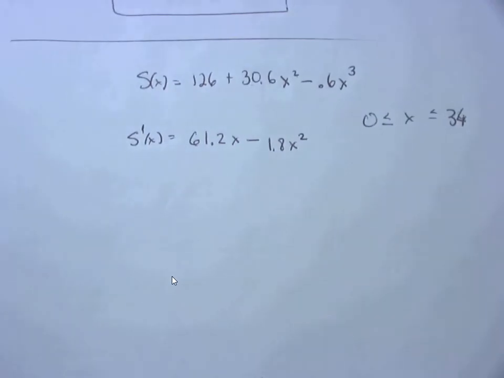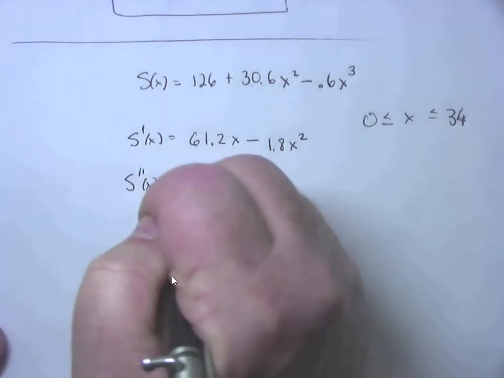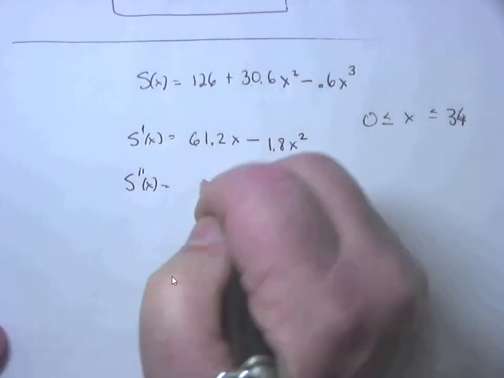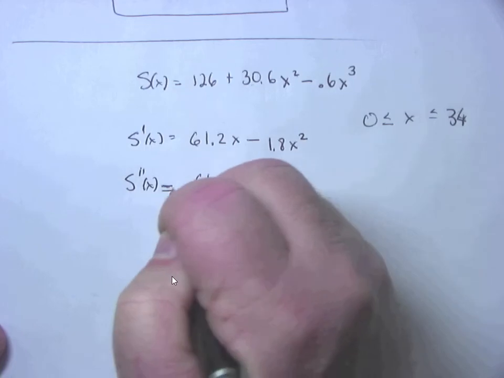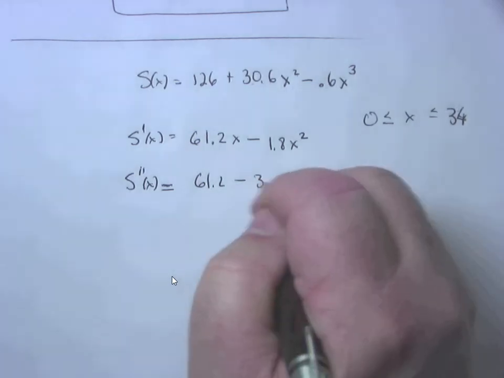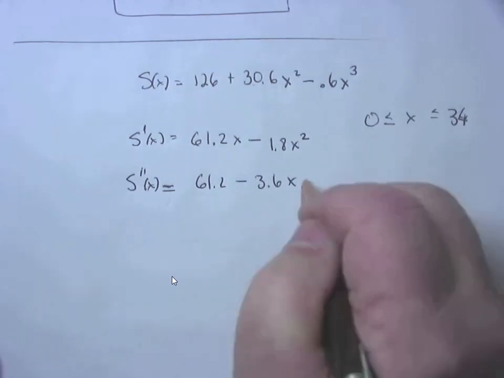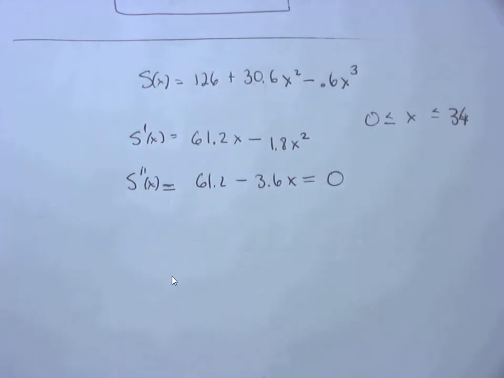There is my first derivative. Now I'm going to take the derivative again to get the second derivative. Derivative of 61.2x is 61.2. Minus derivative of 1.8x squared, well, 2 times 1.8 is 3.6x. And now to find the hypercritical value, I'm going to set it equal to 0 and solve.